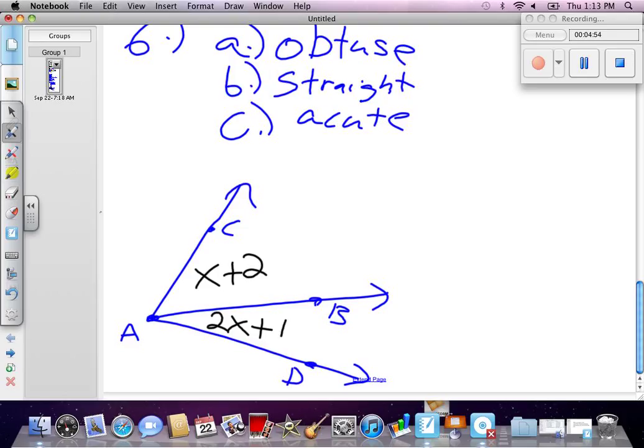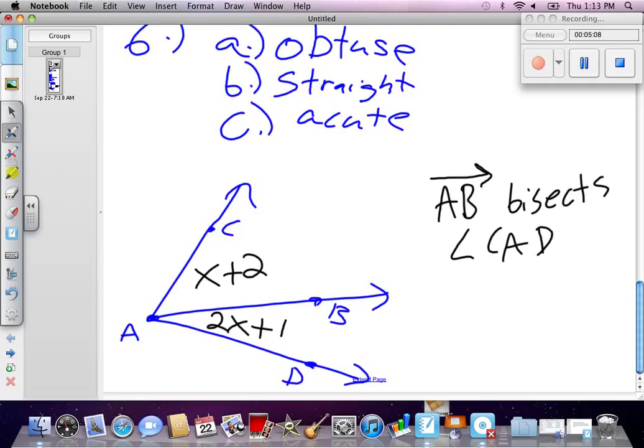Okay, this might not work out for an even number. We might get a decimal because I made it up. Okay, I'm going to tell you that AB bisects it, cuts it in half, so they're equal to each other.